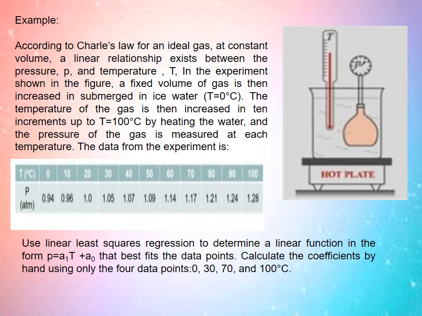And then the question is: use linear least squares regression to determine a linear function in the form P equals A1 T plus A0 that best fits the data points. Calculate the coefficients by hand using only the 4 data points at 0, 30, 70, and 100 degrees Celsius.